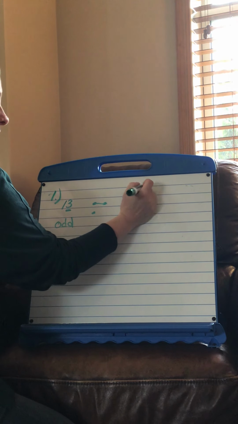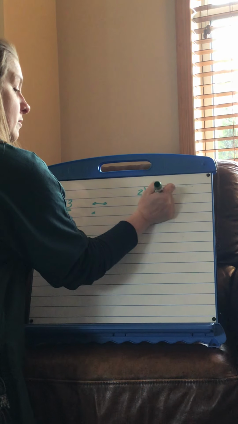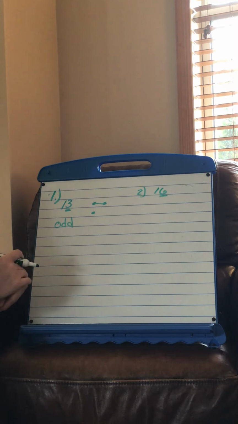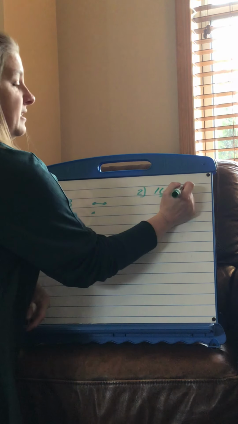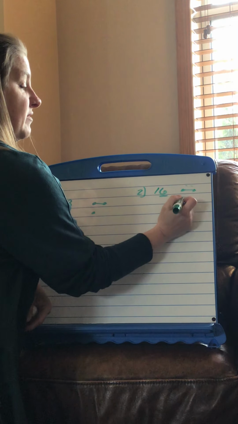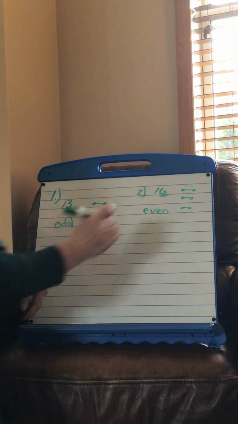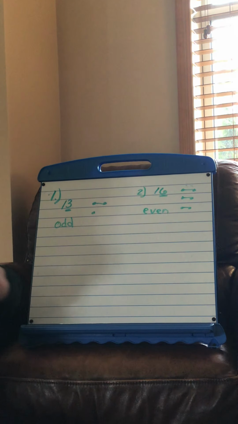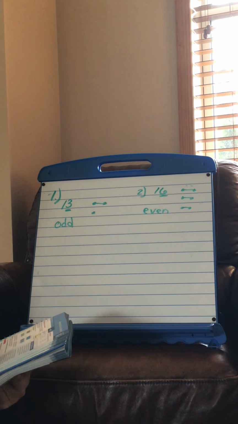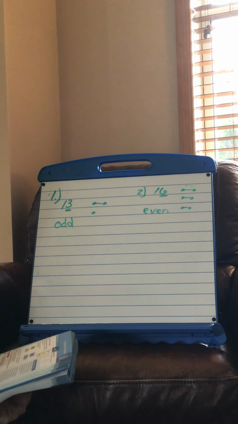So for number 2, it has the number 16. Okay? Again, look at the ones place. It has the number 6. You can draw your 6 dots. See if they all connect, and they do. So it's even. Now there's another part to this that they're asking you to do in the directions. Besides just writing if it's odd or even, they want you to write it as the sum of 2 equal addends.